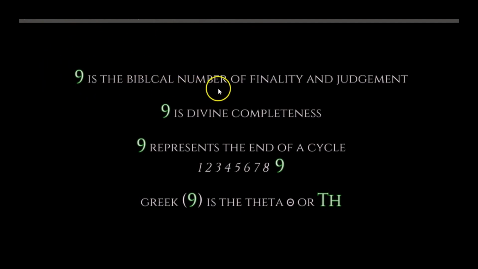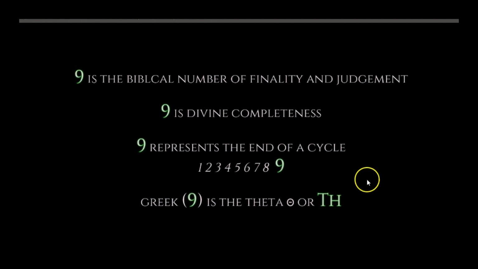9 is also the biblical number of finality and judgment. 9 represents divine completeness. It also represents the end of a cycle. And the Greek 9 is theta, or the TH. And there's a lot more to the TH, but I'm not going to cover that in this video.